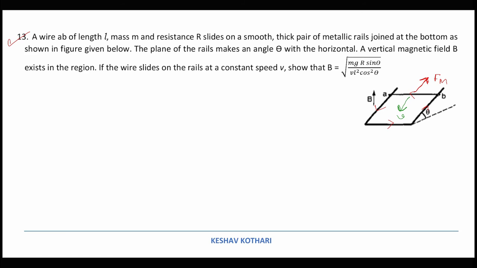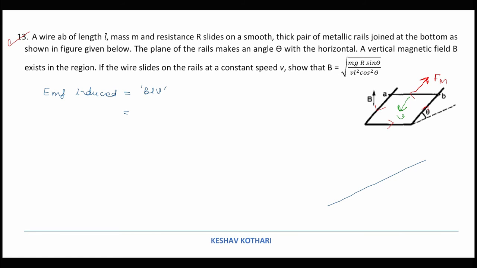So over here the first thing which we calculate is the EMF induced. So EMF induced can be written as BLV. Now when we write BLV, it is important that B, L and V are perpendicular to each other. So for this particular aspect, when the motion is in this way, we understand this from the side view.